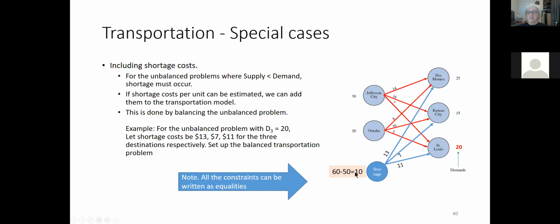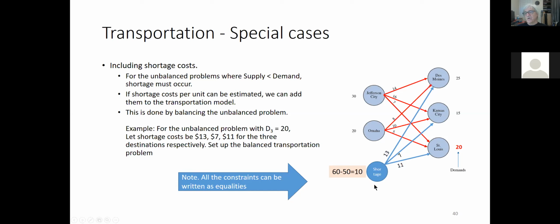For example, shortage that is shipped from this node to this node will cost you $13. That's the shortage cost. If you include this in your transportation plan, you know that you create a shortage of 1 unit in Des Moines. And now you have to add $13 to the transportation cost. And that's what you do to all of them.